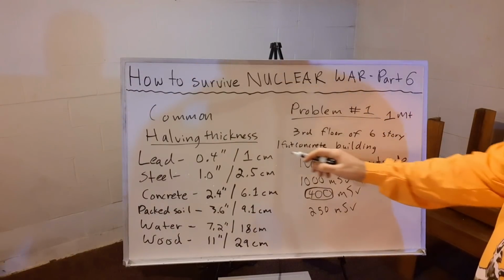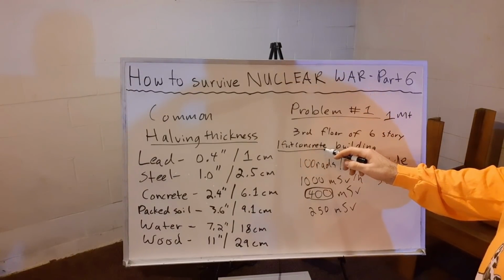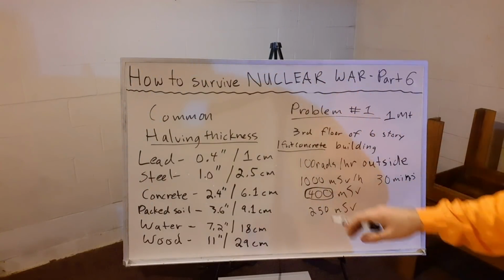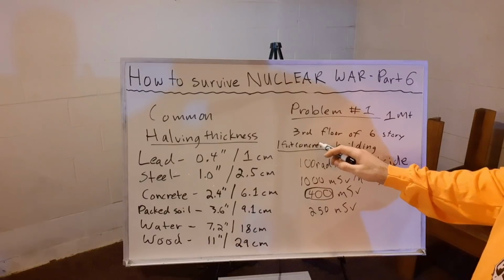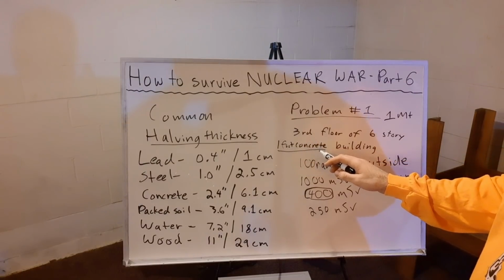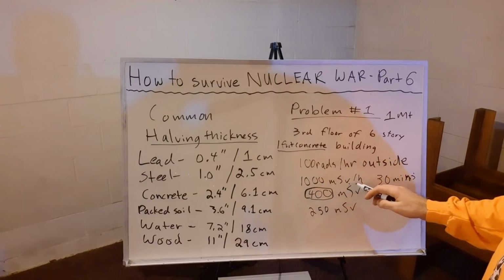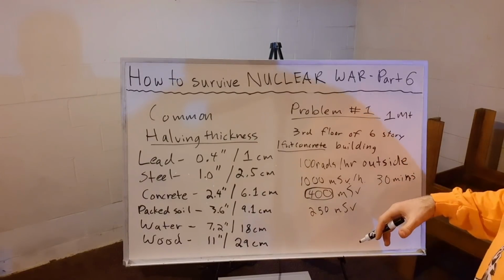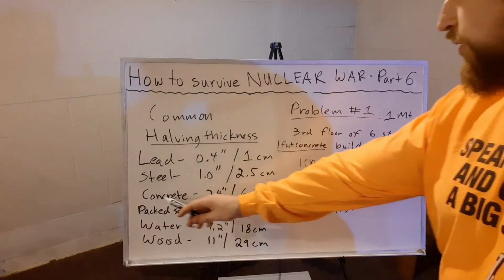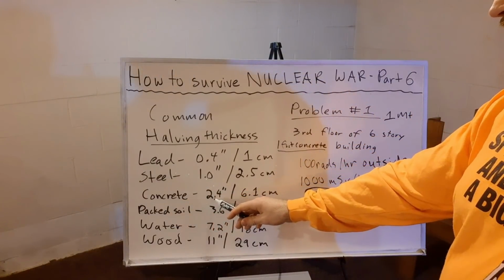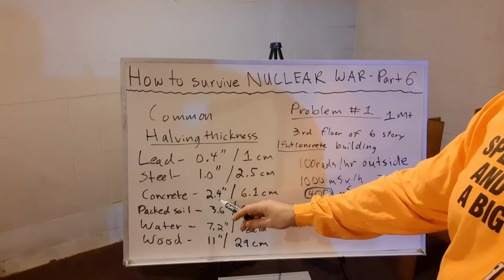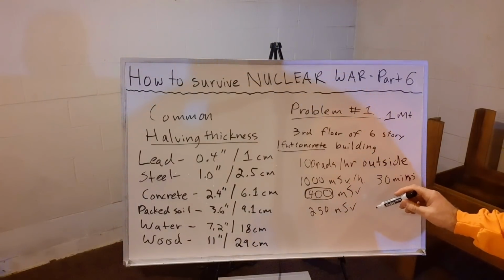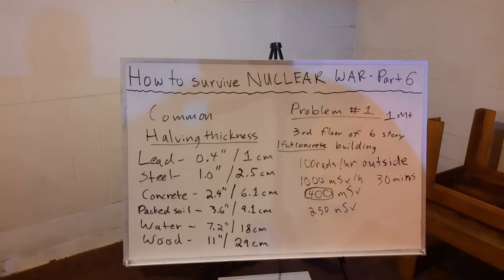Remember, it's 1 foot of concrete all around the building, and don't think about windows and stuff. Just think about the wall of the building. It's 1,000 millisieverts per hour outside. Remember, concrete has a halving thickness of 2.4 inches. So tell me, how much radiation are we going to be receiving inside the building?